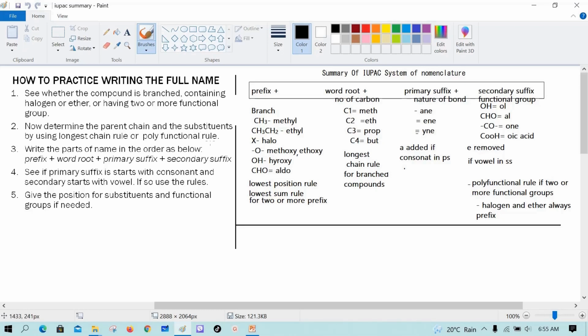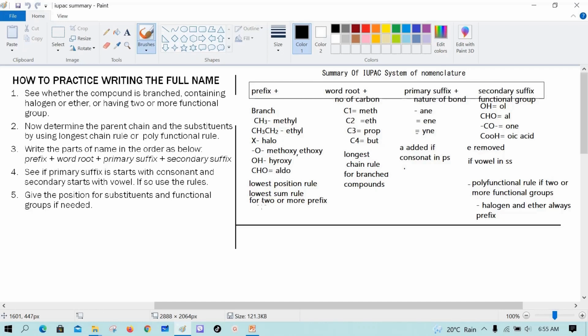Then we need to determine the parent chain and substituents, then start writing the name in the given order, and then finally we can use any rules if possible, such as removing the e or adding the a, and then finally positioning the substituents by using the rules, that is the lowest position rule and lowest sum rule.